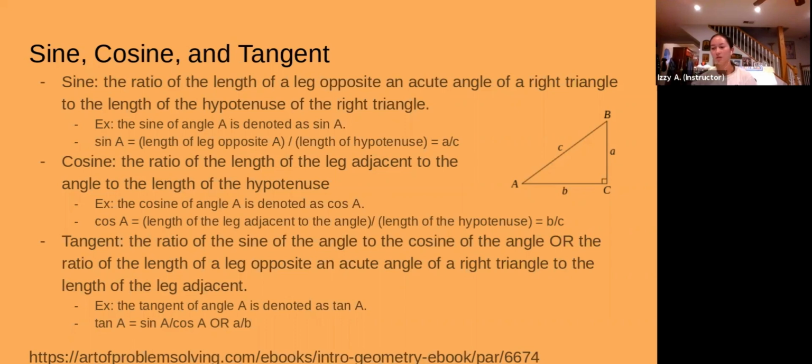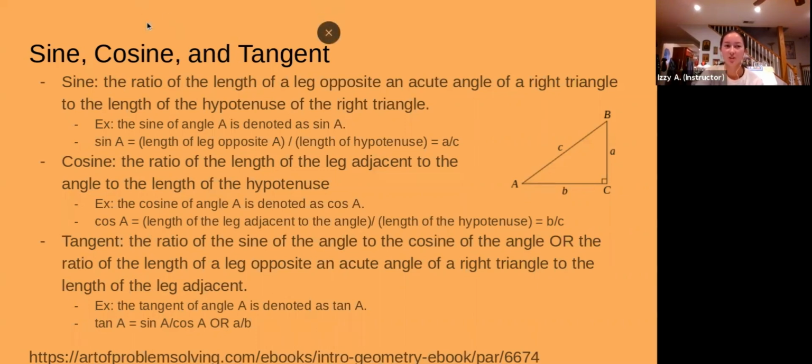It deals with triangles a lot and the ratios within triangles. I don't exactly know the literal translation of the word, but I would say it's the study of triangles and the different relationships and ratios that you can figure out.